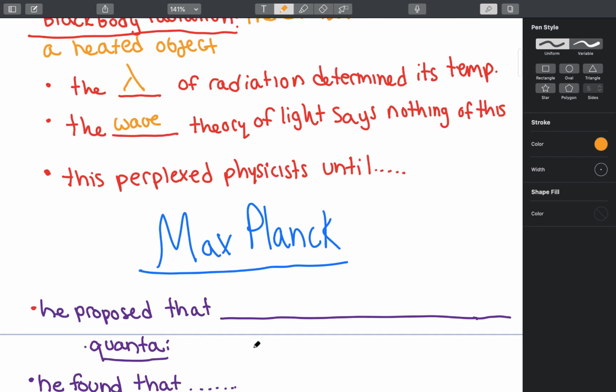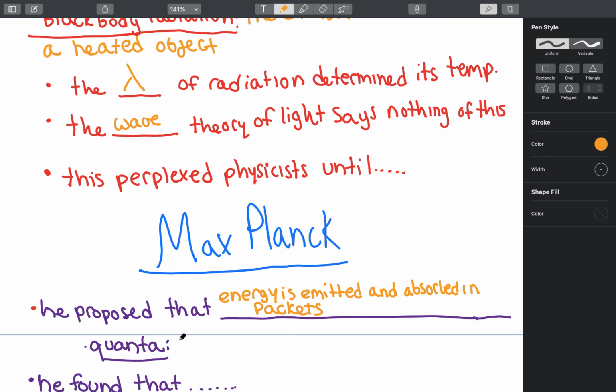So Max Planck, in around 1900, proposed that energy is emitted and absorbed in packets. So you may have heard of this before. And he called these packets of energy quanta.